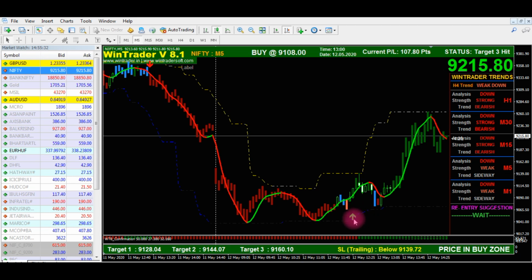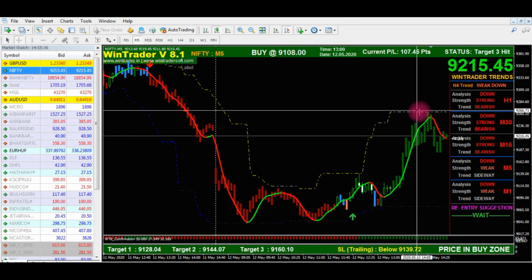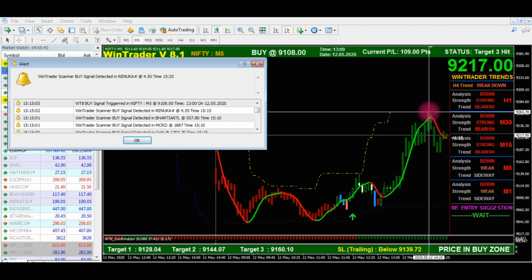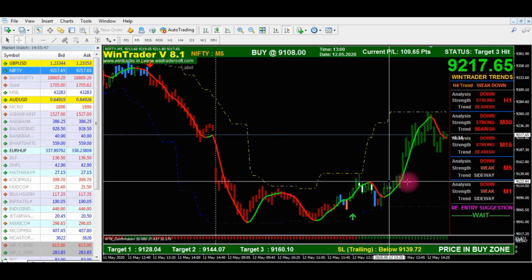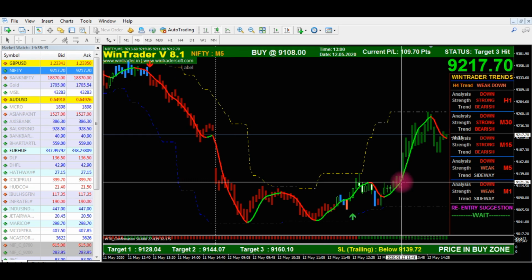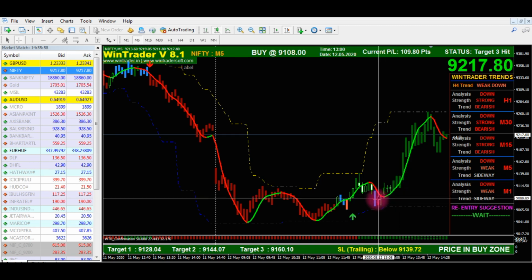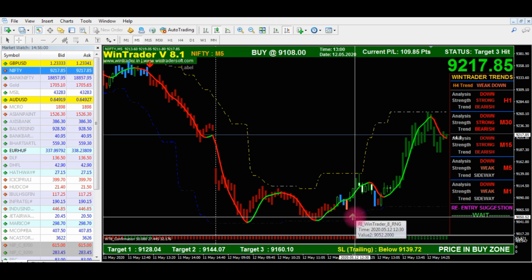In this case the buy call was generated at 9108 and the market went up to 9264 or so. That means we earned almost 150 points of profit. In the Nifty case, 150 points means we earned almost 11,000 rupees from a single signal.